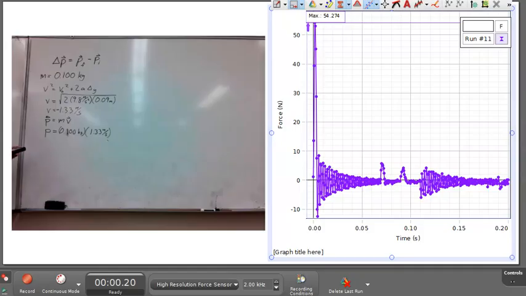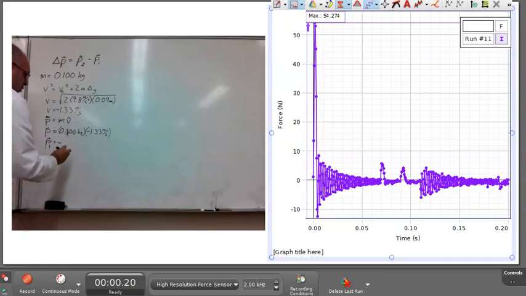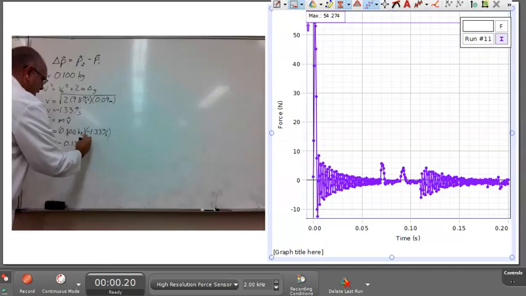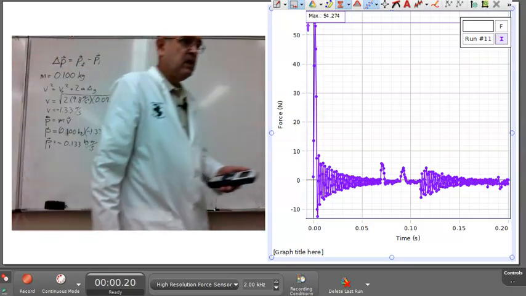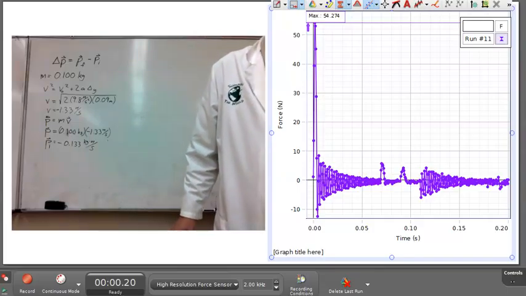And so the initial momentum, Pi, is going to be equal to minus 0.133 kilogram meters per second.